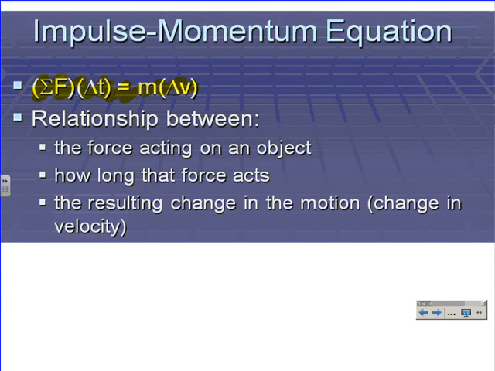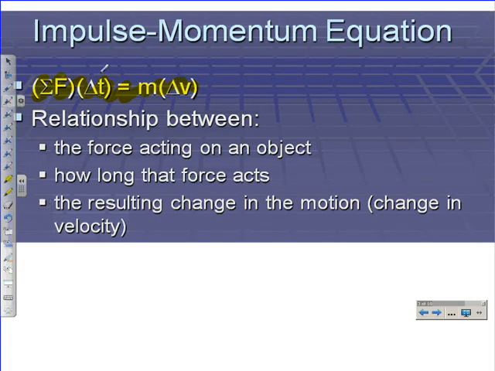This relationship shows us the same thing that Newton's second law was showing us, but now it adds in a little bit more detail, one more factor. It still deals with mass, but now we throw in that time factor.